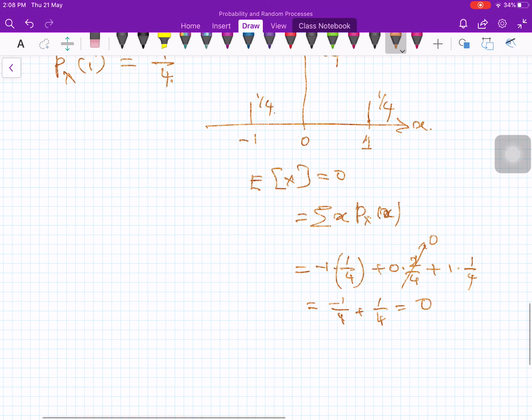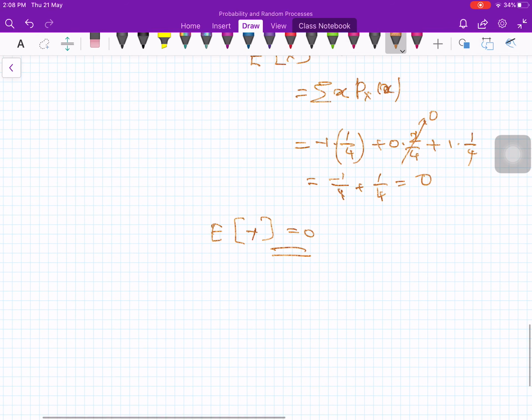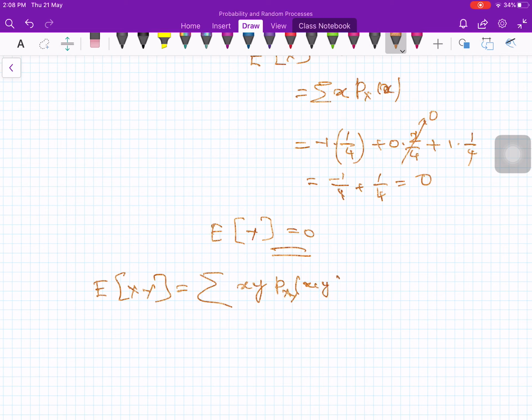Similarly the same type of calculation you can do for E of y also. So finally you will end up with E of y equal to 0. Now let us find E of xy. E of xy equals the sum of xy pXY(x, y).